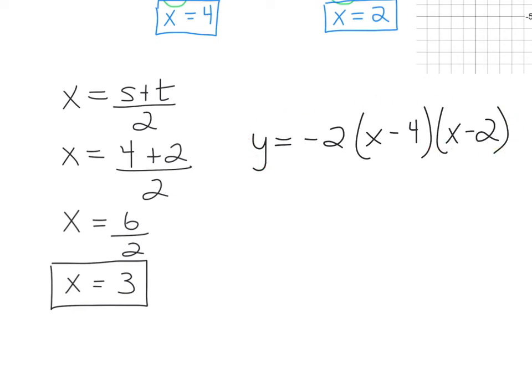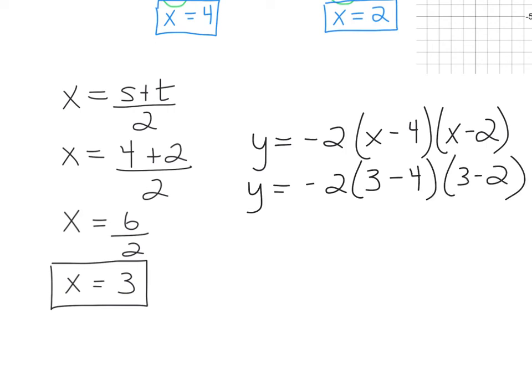So what this tells me now is that everywhere I see the letter x, I'm going to plug in our answer of 3. So in our first bracket, we have 3 minus 4, which is -1. And in our second bracket, we have 3 minus 2, which is +1.